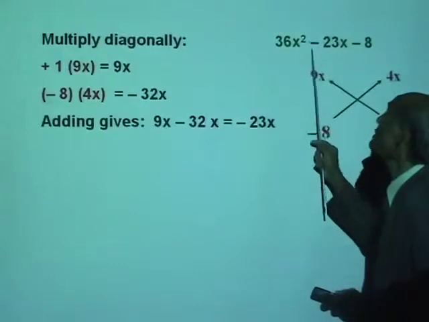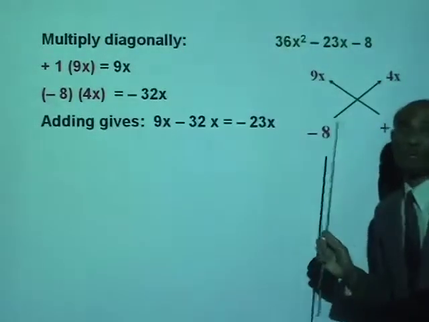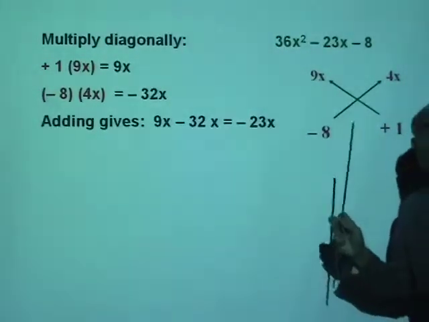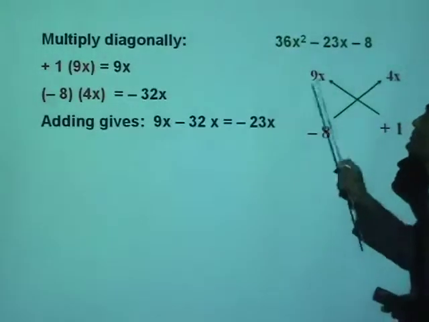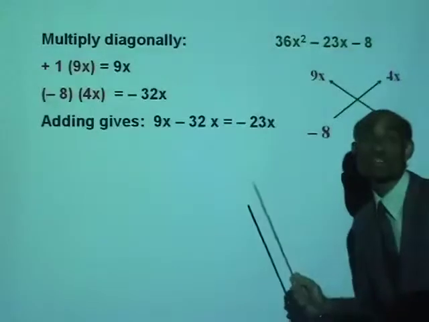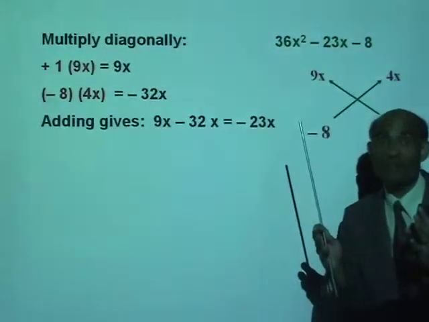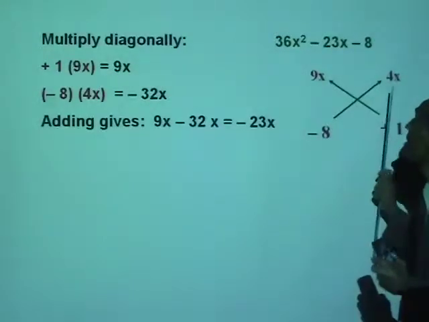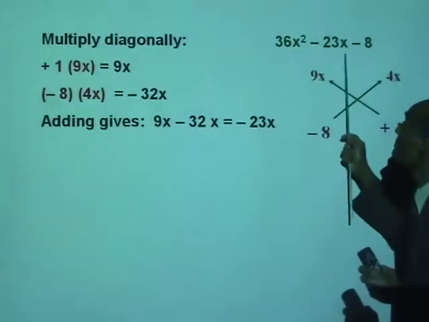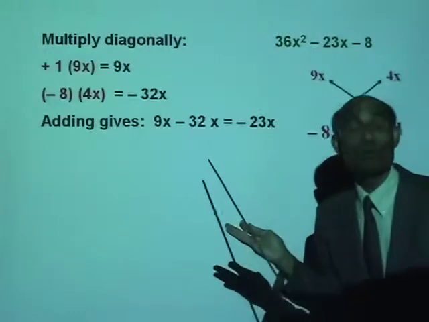And that is the middle term. So, when you are not sure, try all possible combinations until you satisfy this test. Once this test is done and multiplying diagonally and adding gives you the middle term, then you are home.